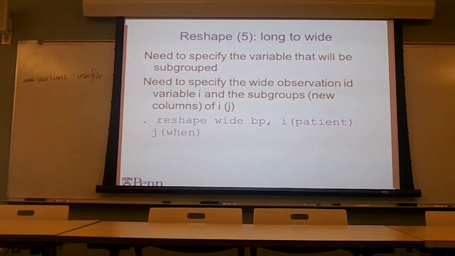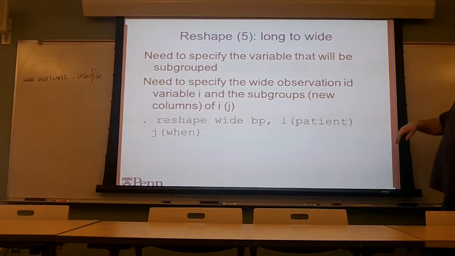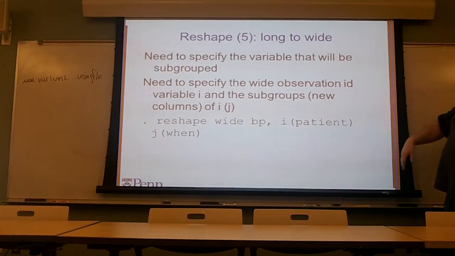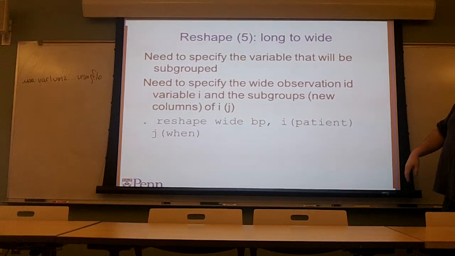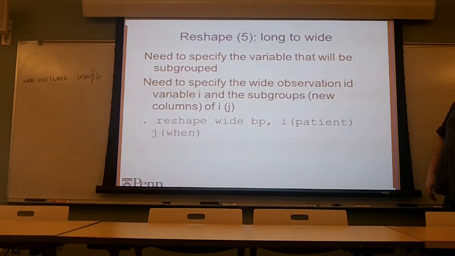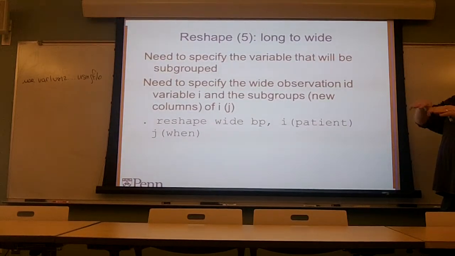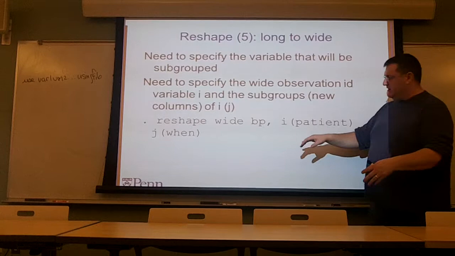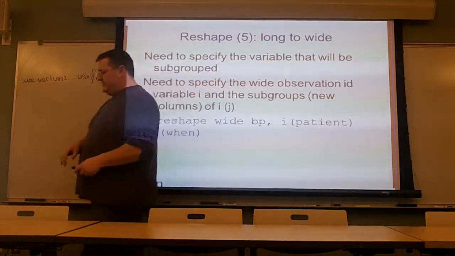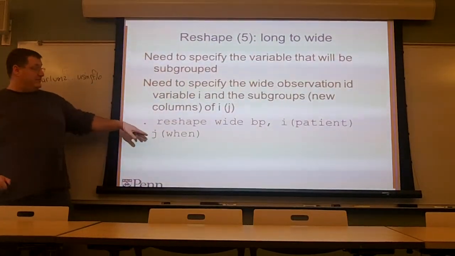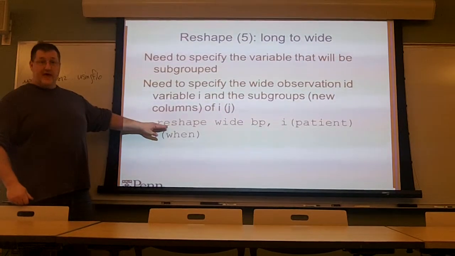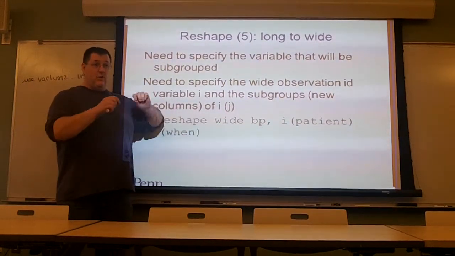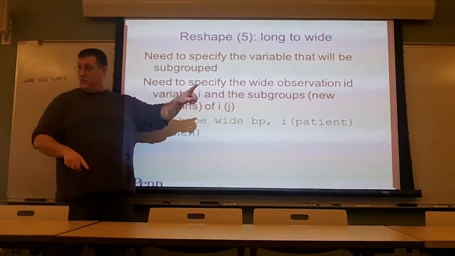Okay, all right, so in this case, notice, this is what we're talking about here. Before we were going from wide to long, and now the syntax is essentially the same, right? So I need a reshape, and now instead of going from wide to long, I'm going from long back to wide.